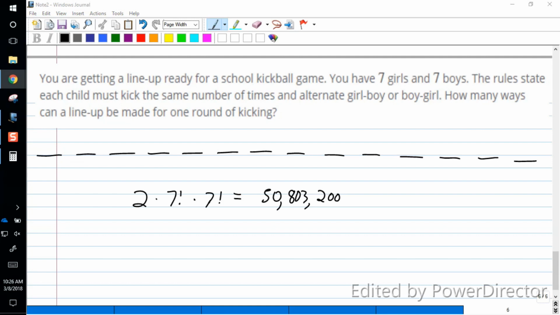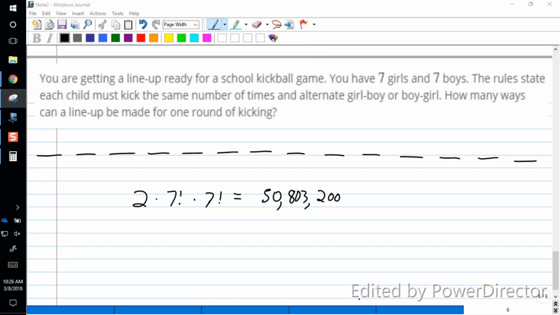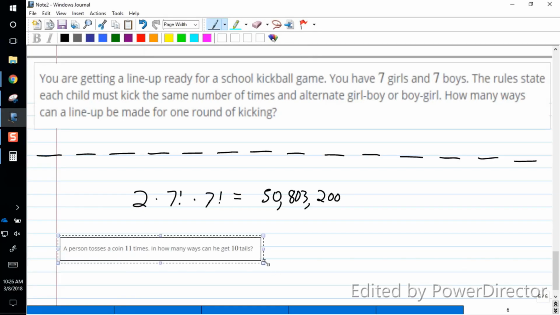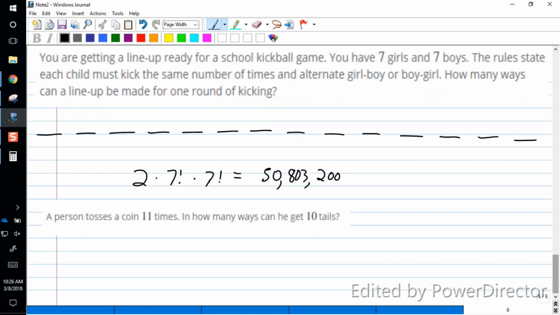The only other type of word problem I see is this one right here. All right, and you can work this one out by doing 11C10.